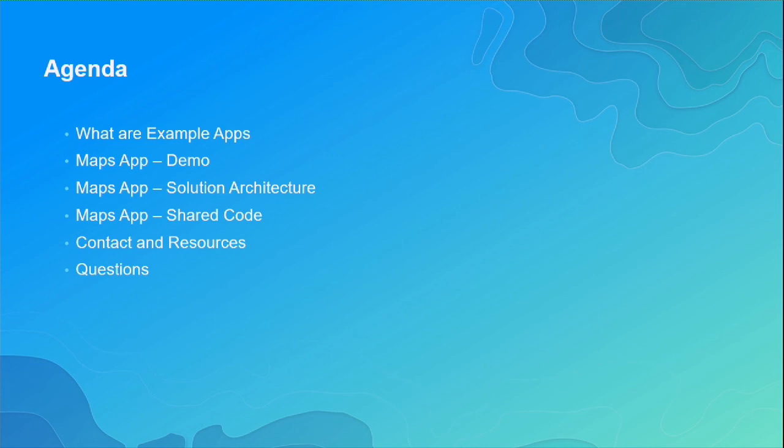I'm going to give you a demo, then I'm going to go over the solution architecture and how it was all put together. And I'm going to show you how the code is shared between the 4 different apps. And at the end, I'm going to give you my contact information, resources, and I'm going to share with you some lessons learned if we have enough time. And I'll open it up for questions.